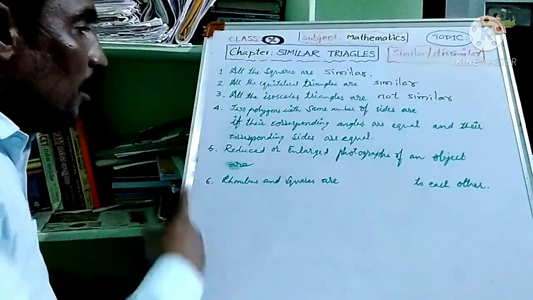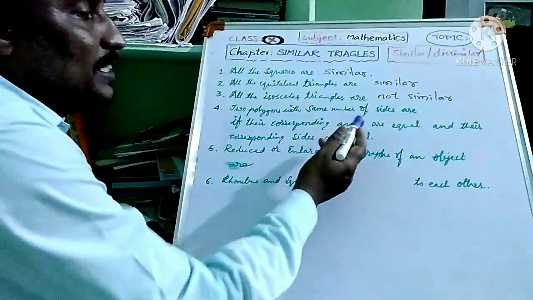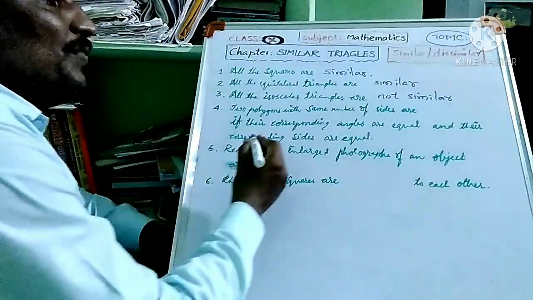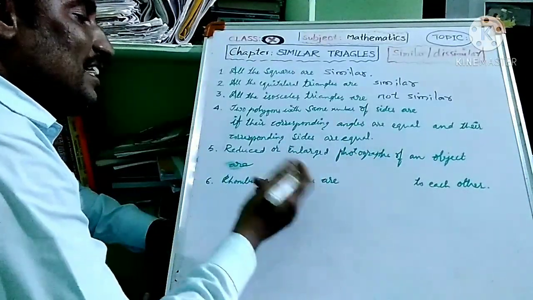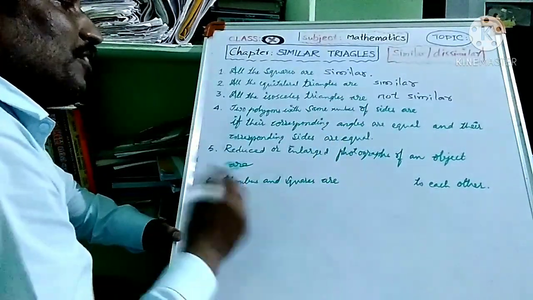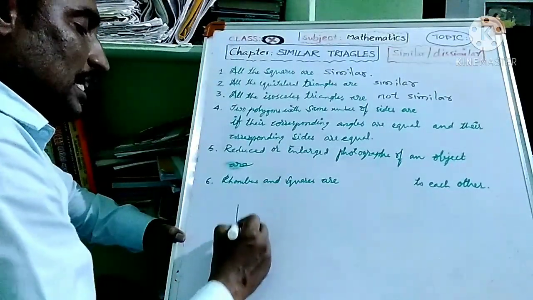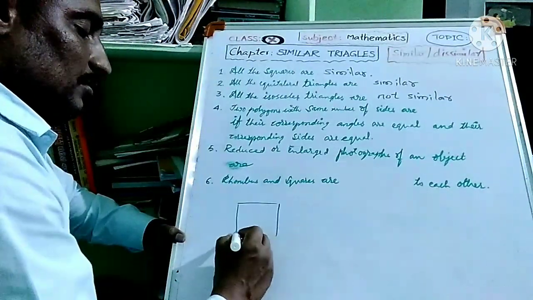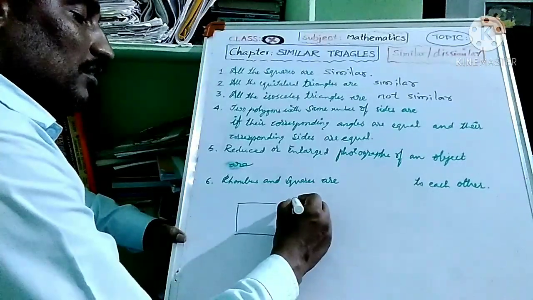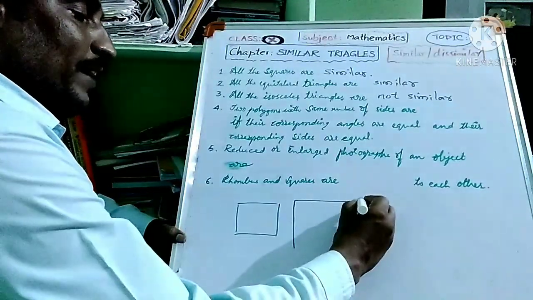Now observe two polygons with the same number of sides. Suppose I am taking a square, and another square.